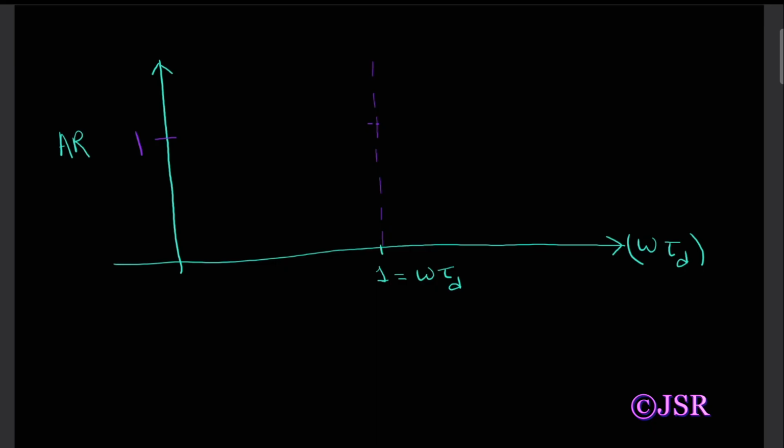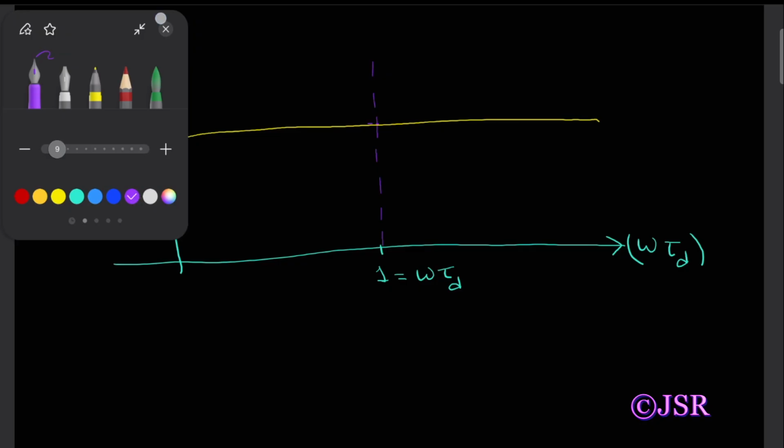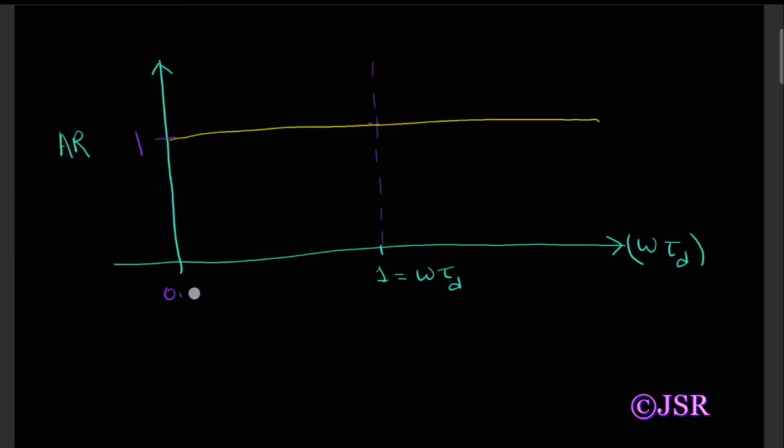As the amplitude ratio is constant for all omega, this will be the amplitude ratio plot for the transportation lag system, and let's say this is 0.01, and this is 100.